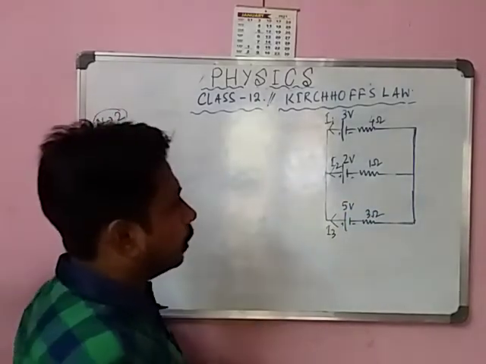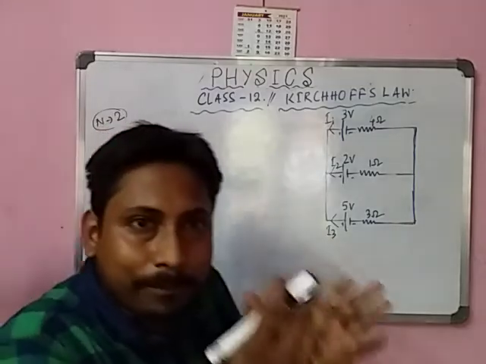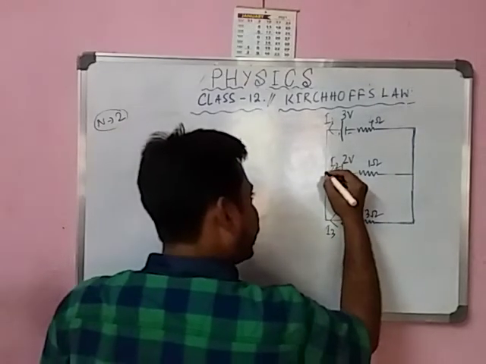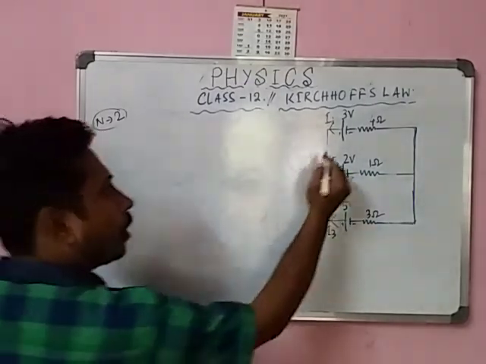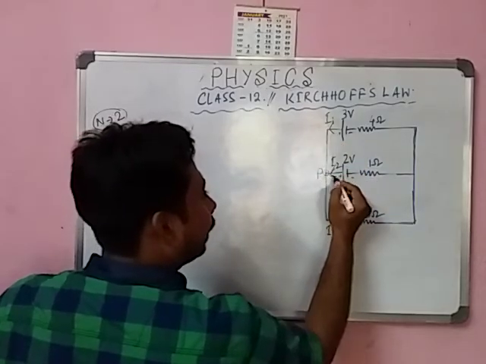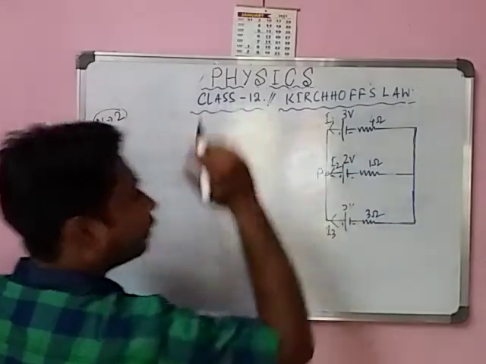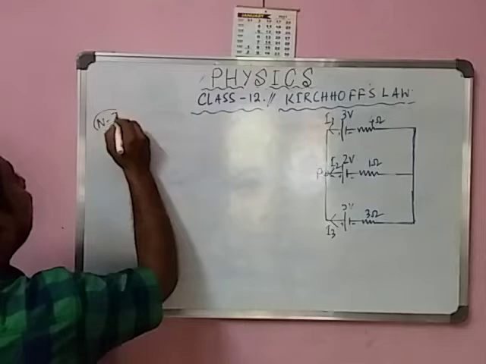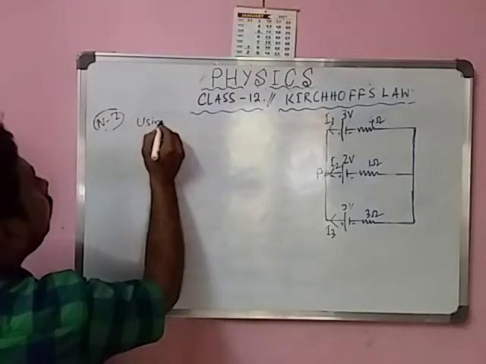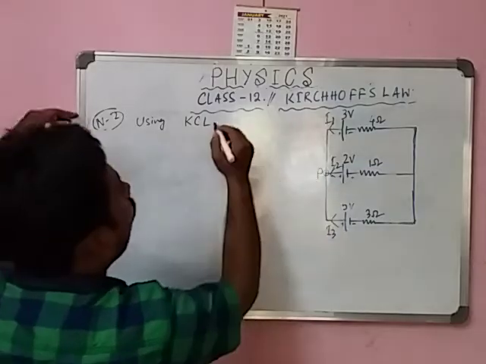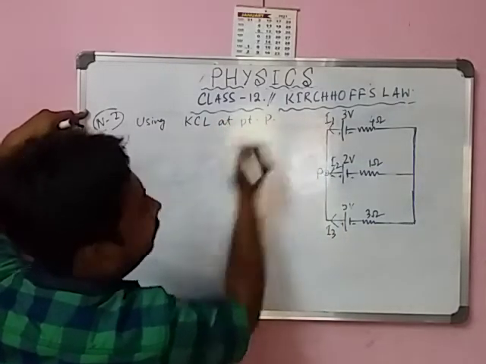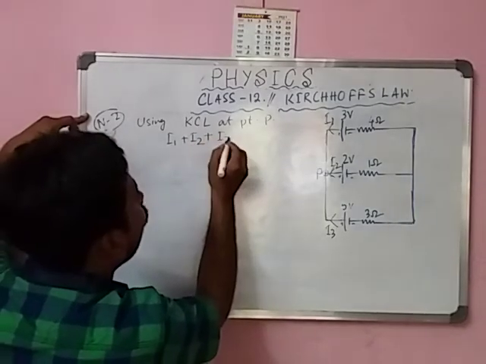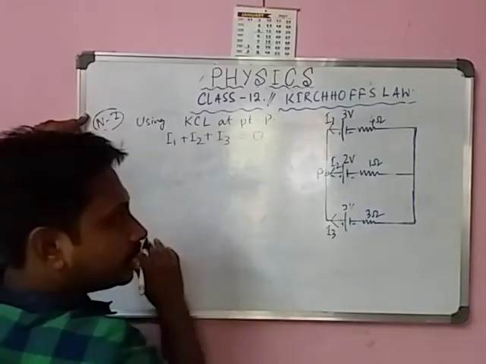So first of all, we apply the first law, KCL. Think of this as a point P, where current I1 is meeting, I2 current is also meeting, and I3 current is also meeting at the point P. So you can write for numerical number 2 using KCL: at point P, I1 plus I2 plus I3 is equal to 0.